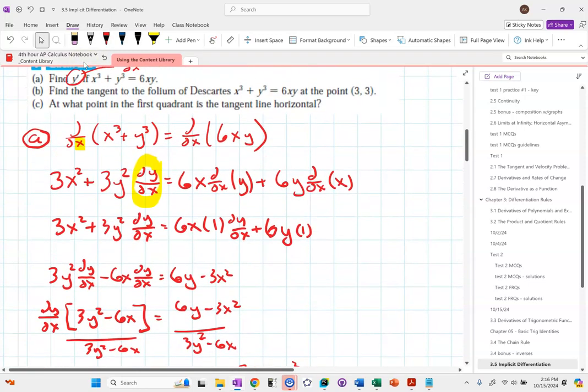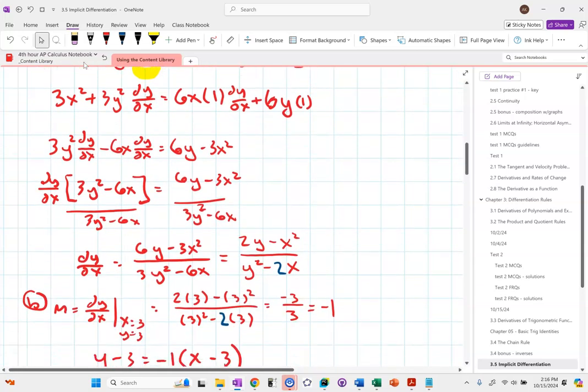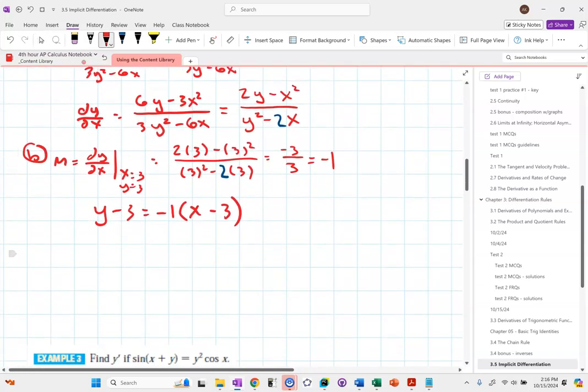And then part C says, at what point in the first quadrant is the tangent line horizontal? So if I have a horizontal tangent, what's that telling me about the slope?